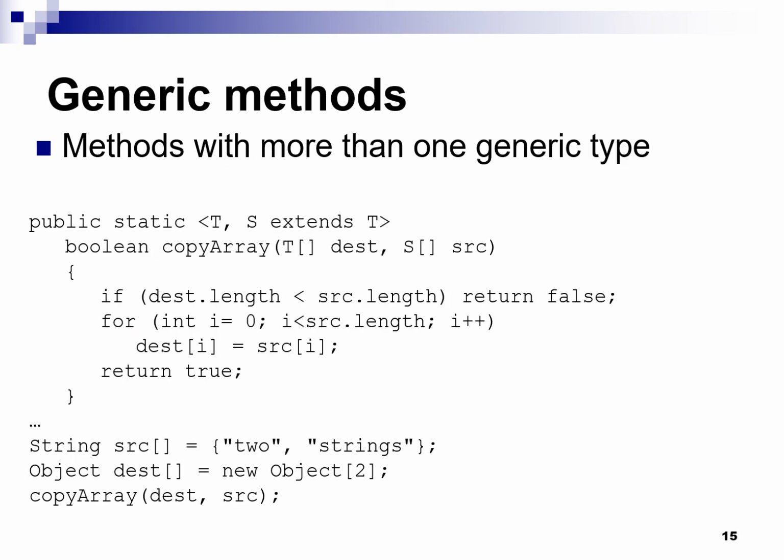Generic methods can have more than one generic type. For example, the method copyArray that I'm declaring here has two parameters, T and S, and S is required to be T or any subclass of T. Then this method basically copies the source into the destination, and that's why we require this compatibility, because the source will be a subtype of the destination, this assignment will work.